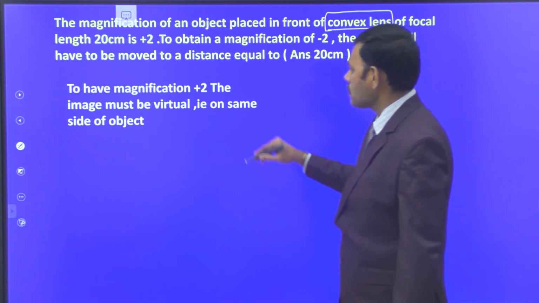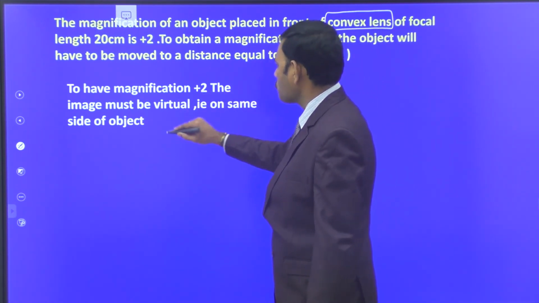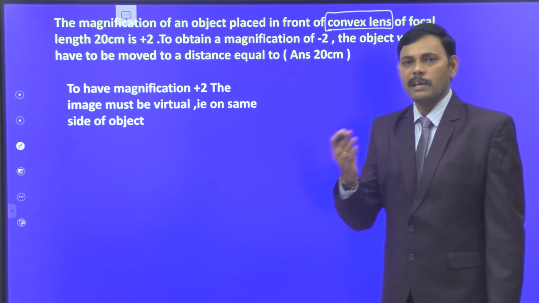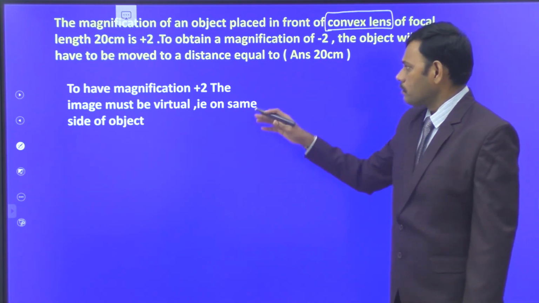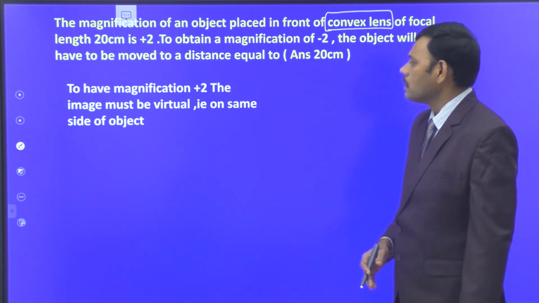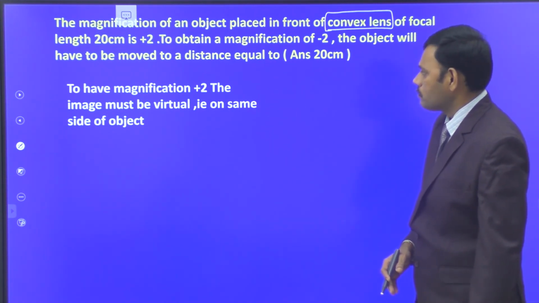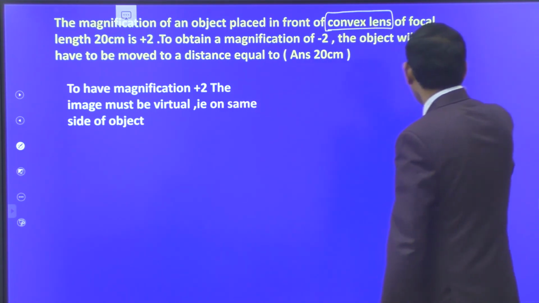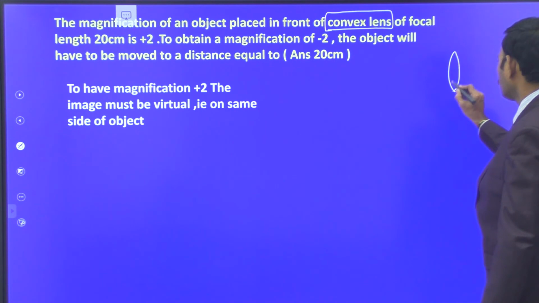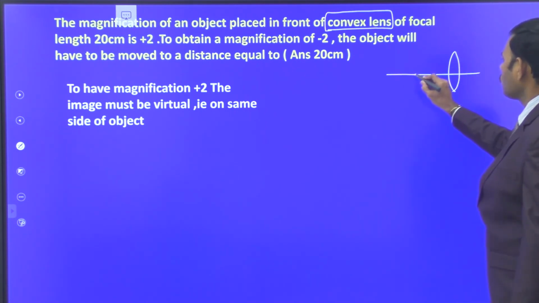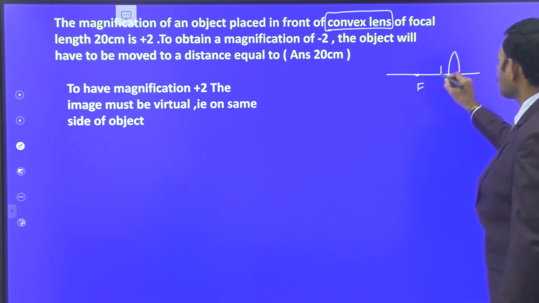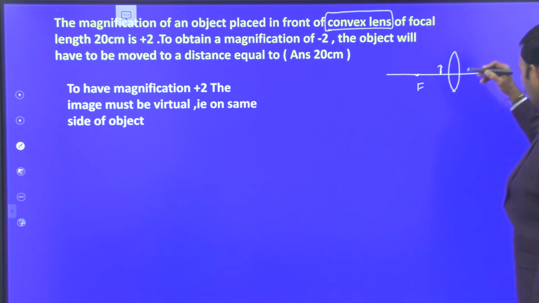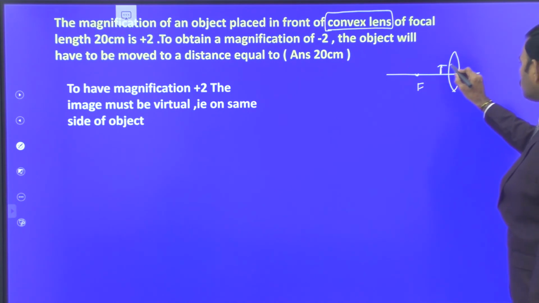To have magnification +2, the image must be virtual. Positive magnification is possible when the image is formed on the same side of the object. In the case of a convex lens, if this is the focus and the object is kept here, this is the light ray.